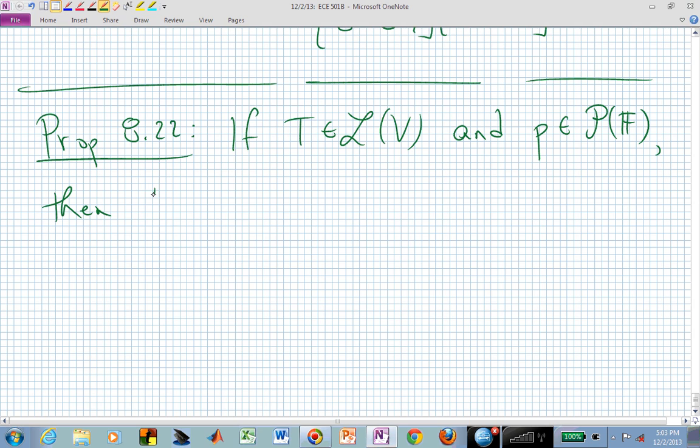Then the null space of P of T is invariant under this map T. And that P of T was any polynomial, but it would be nice if it had a non-zero null space.